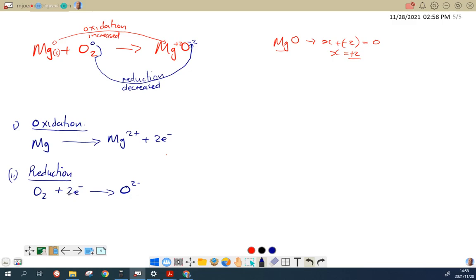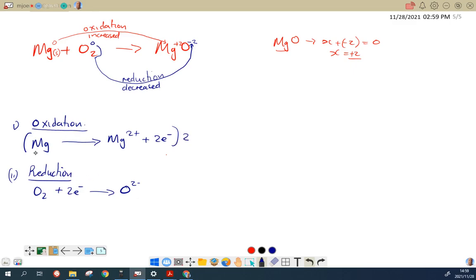So what should happen? It means that we need another magnesium that's going to be available to lose 2 more electrons. So how do we bring about that balancing? We need to balance the number of electrons. So we simply take the whole equation and multiply it by 2, because we need 2 more electrons.